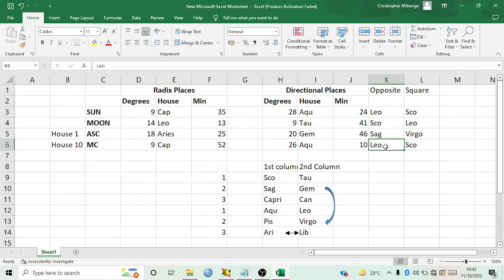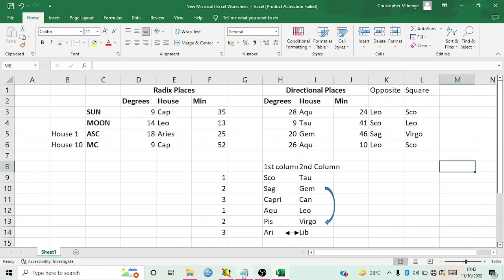And then finally, the house 10 or the MC's directional place, opposite to this directional place, is Leo 26 degrees 10 minutes. And the square to its directional place is Scorpio 26 degrees and 10 minutes.